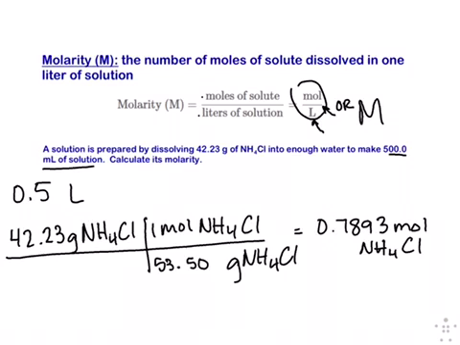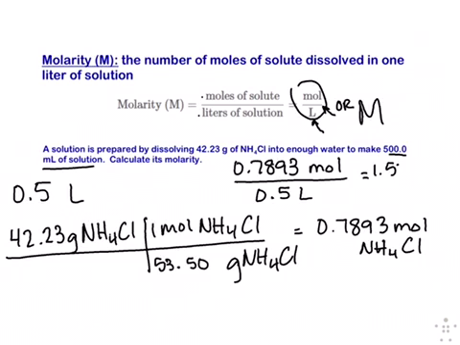So then you can just plug it into the formula up here. 0.7893 moles over 0.5 liters, and you get 1.579 moles per liter, or molarity. I told you. Nice, simple arithmetic.